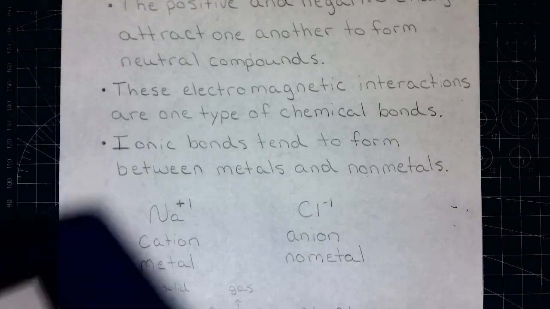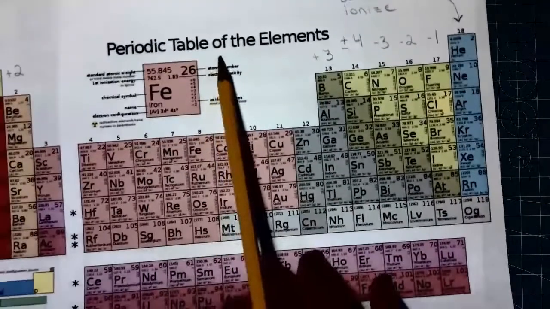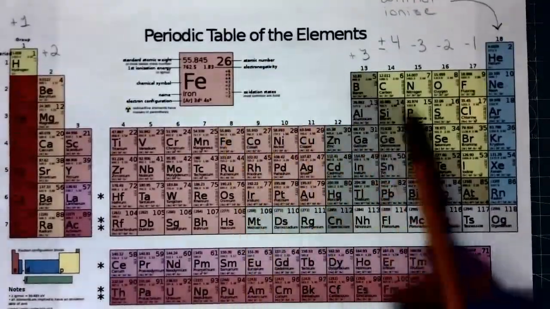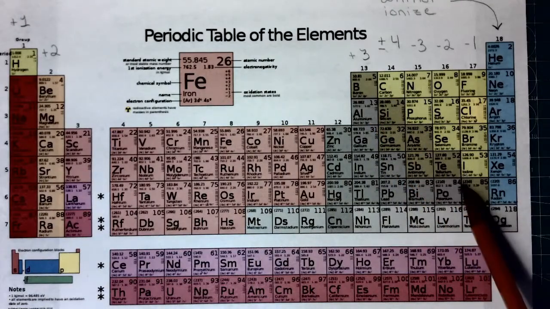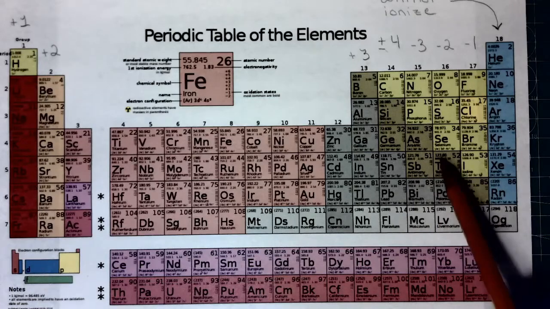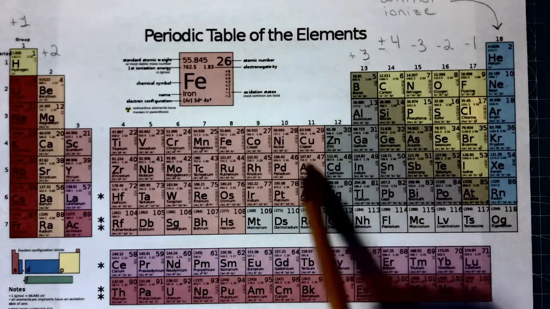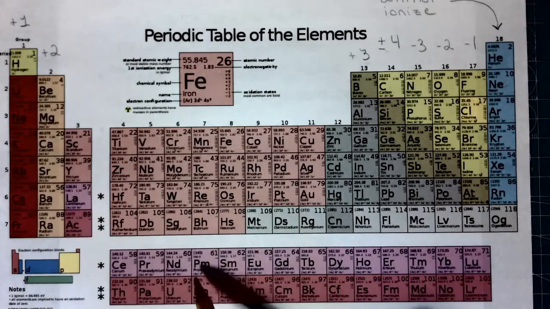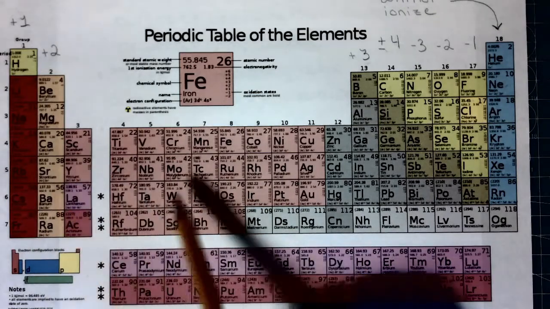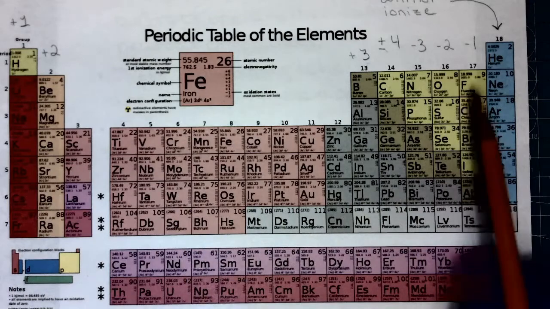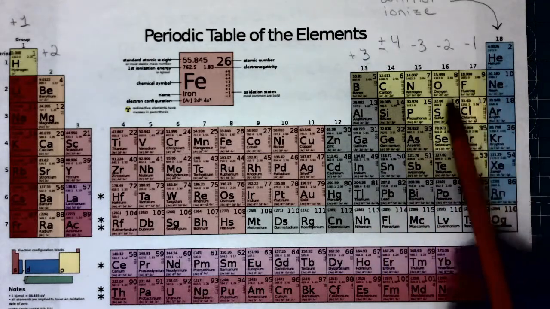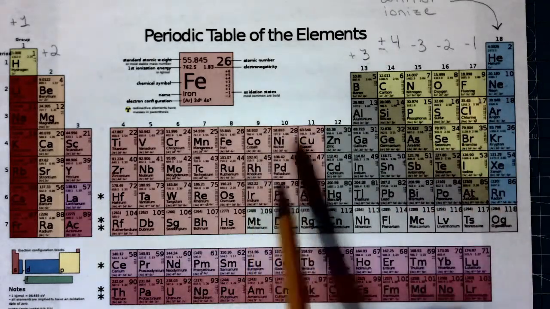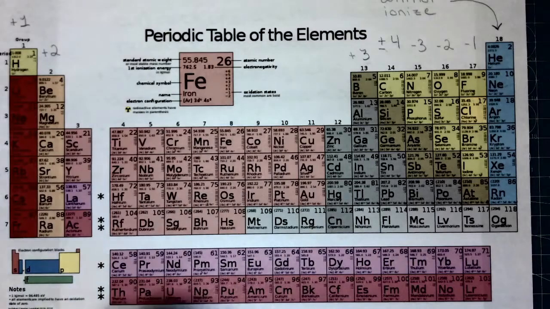If we take a look at our periodic table here again, remember that this group here and this tan gray here are metalloids. Everything to the left of them, including the actinides and lanthanides, are metals, and everything to the top right of that are going to be our nonmetals. So when one of these wants to bind to one of these, it's going to form an ionic bond.